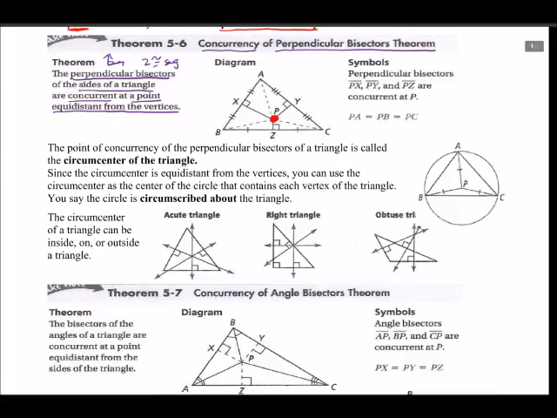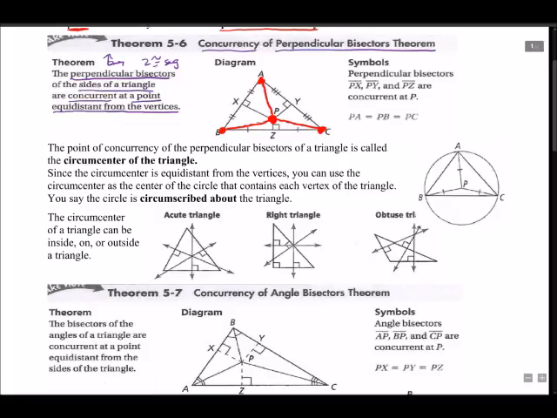And what is special about this point? This point is equidistant from the vertices. So that means from this point to my vertex, that segment, from this point to the vertex, are equidistant.